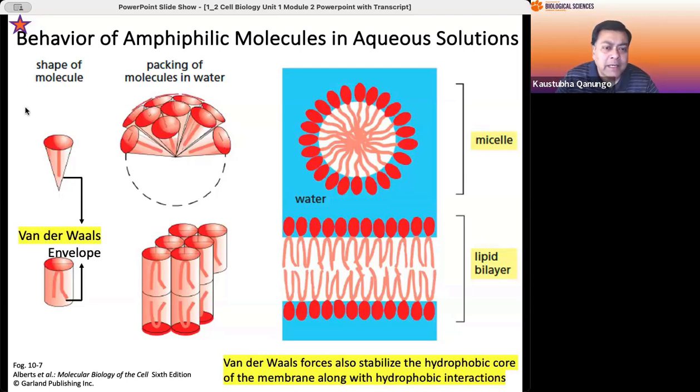So think about when you take a beaker and you just put water in there. And now you put a drop of oil, and these oils are the same fats. So how will the oils or the fats line up? They will all line up with their tails towards the upside right here. So they will not be forming the micelle yet.